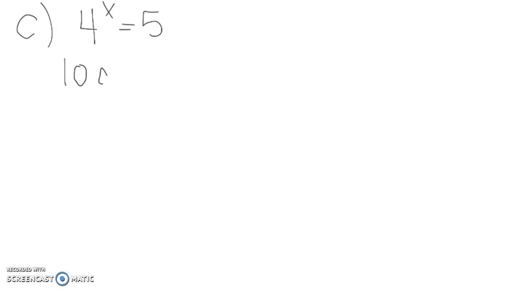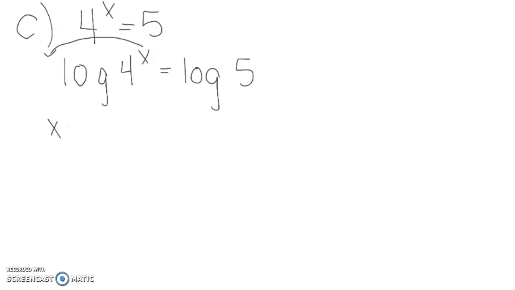Now in this case, and on your homework, I suggest just using your common log, which is technically base 10, just to keep it a little bit more simple, because that's what your calculator automatically does. So if you have log of 4 to the power of x equals log of 5, then using your power rule, bring that x to the front.